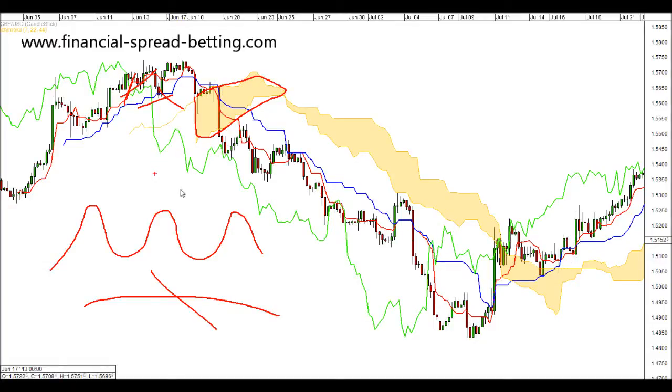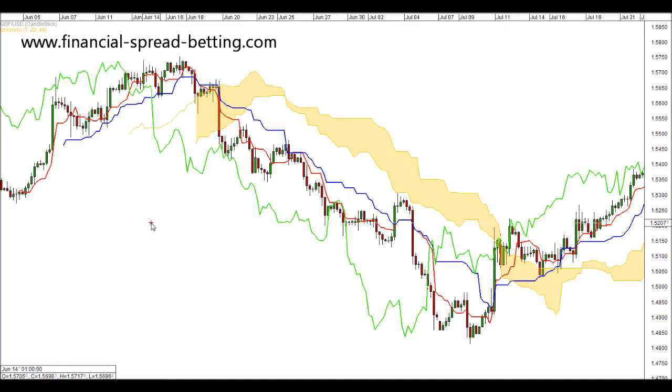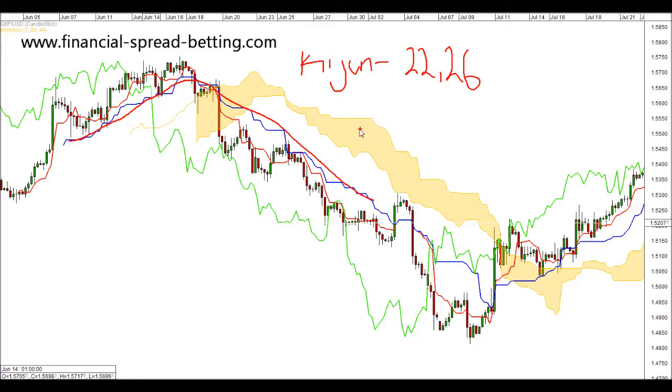the Ichimoku. So the first line we will look at is this blue line that comes up like this and back down again. This is named the Kijun line, but it also can be called the standard or baseline, and it's generally calculated by using the period of 22 or 26, and it's an average of the highest high and lowest low in the previous 22 or 26 candles.